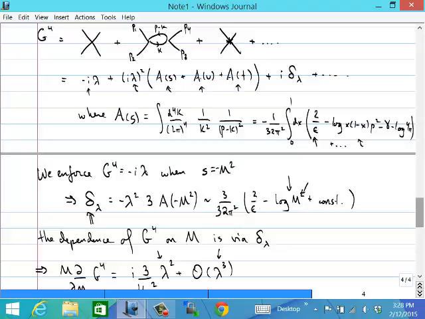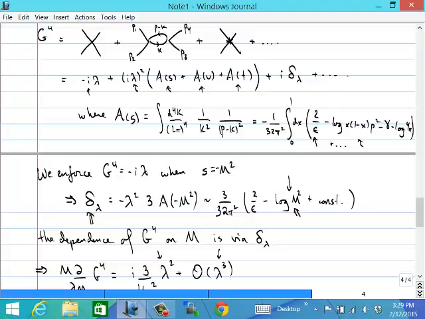Really, you do need to introduce that extra scale because an expression like log m squared makes no sense, because you can't take the log of a dimensionful quantity. So if we had done this using, say, a hard cutoff instead of dimreg, you would have actually gotten log of m squared over some dimensionful scale.